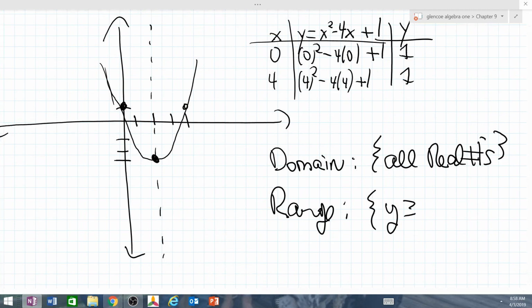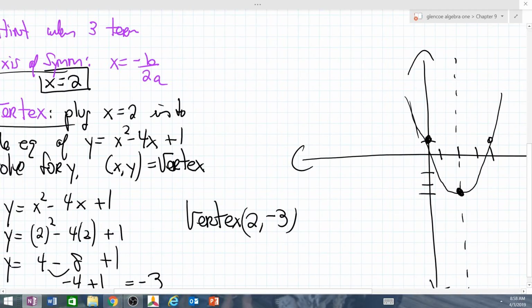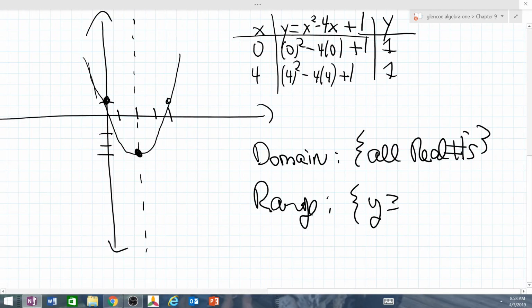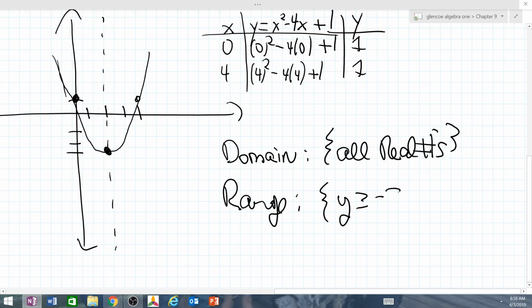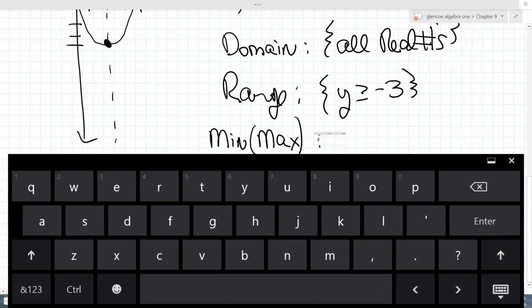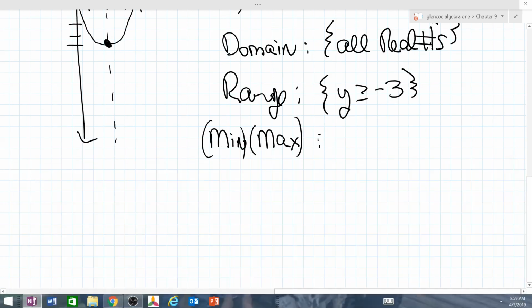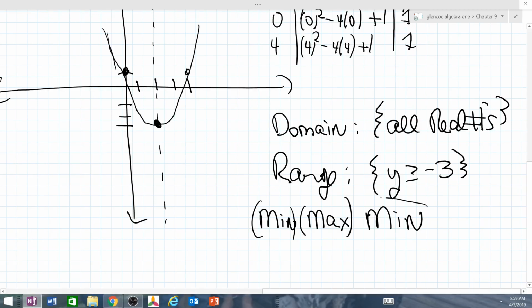And my vertex again was (2, -3). So it's going to be y is greater than or equal to negative 3. Now the last thing that we need to answer is whether the graph has a minimum or a maximum value. And I think we can all tell that the graph is at a minimum because it's opening up like a cup.